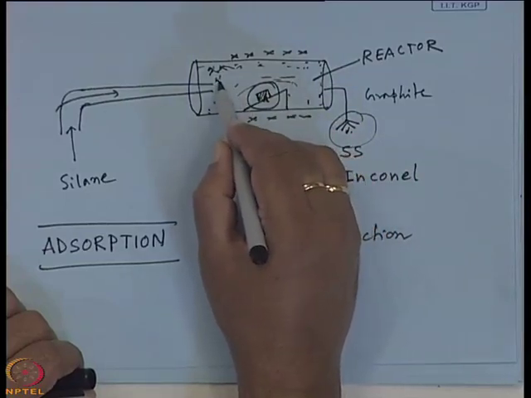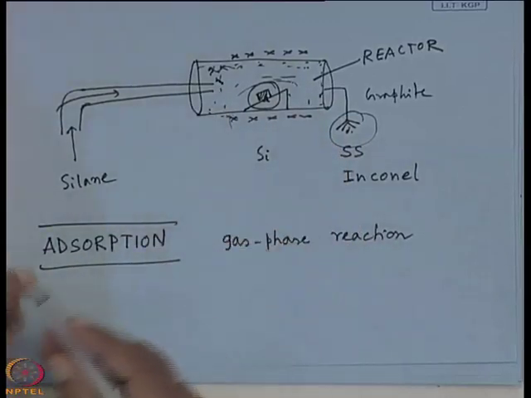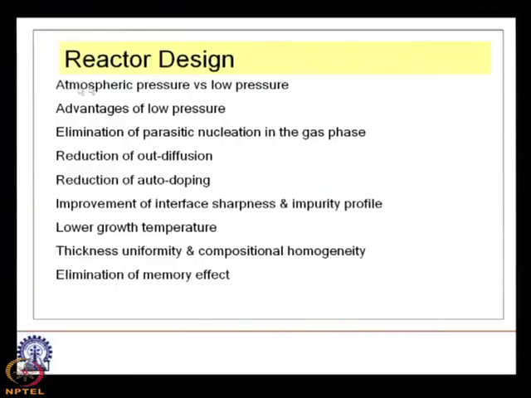That is the parasitic nucleation. We want the whole nucleation to take place on the surface of the substrate. So, if you use low pressure, then it will eliminate parasitic nucleation in the gas phase, and reduce out diffusion.